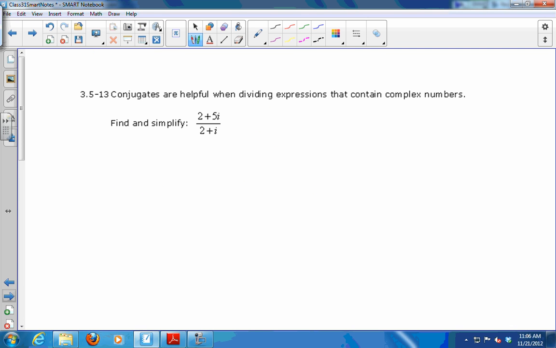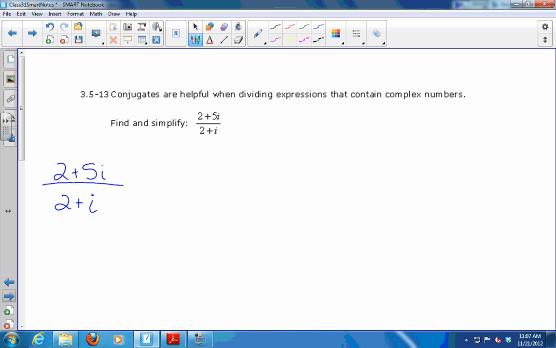Okay, so conjugates are particularly helpful when you're dividing expressions that have complex numbers. So if I want to do 2 plus 5i divided by 2 plus i, the trick is I don't want to have a denominator. I kind of wish that it wasn't there. But it's not an equation, so I can't just multiply both sides of the equation by the denominator and make it go away.